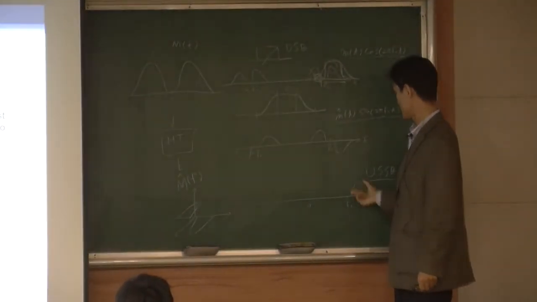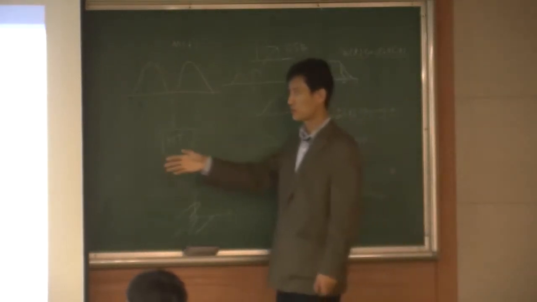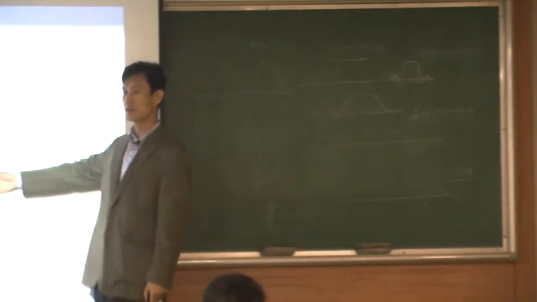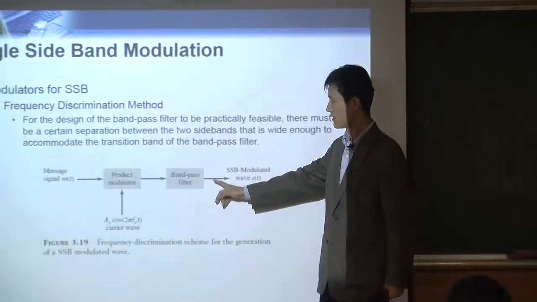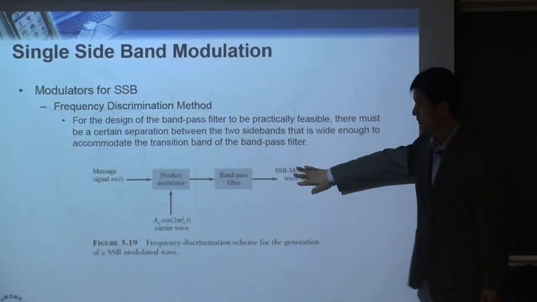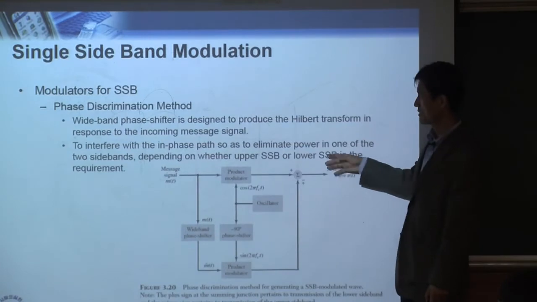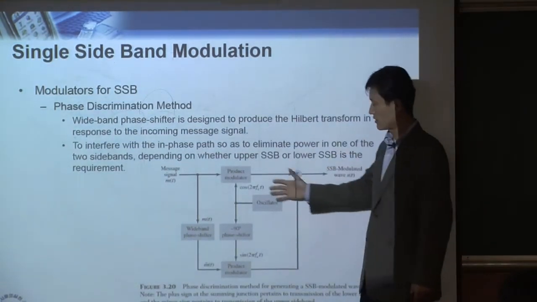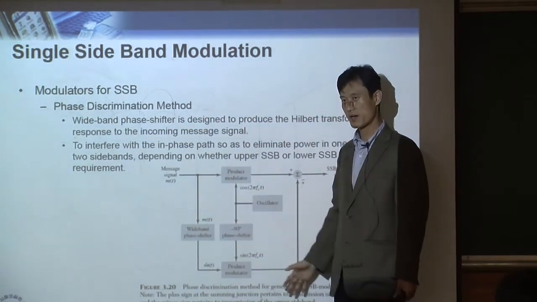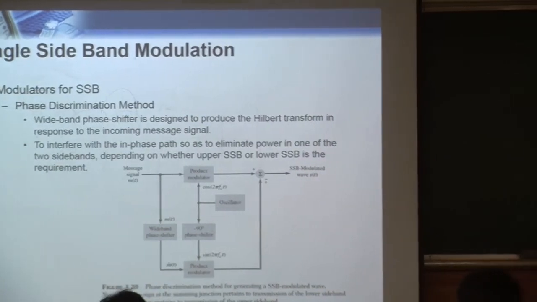We are just simply discriminating in the frequency domain. That's what you have here. It looks simple. It is actually simple, but this filter is not ideal. So the signal may not be perfect. That's a problem. But in the phase discrimination method, the hardware looks a little bit complex. That's a problem.